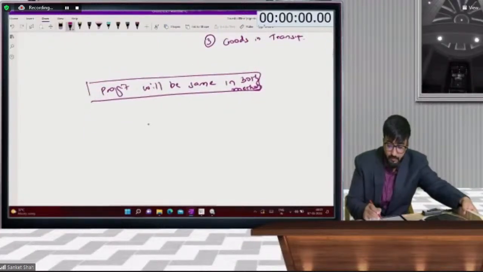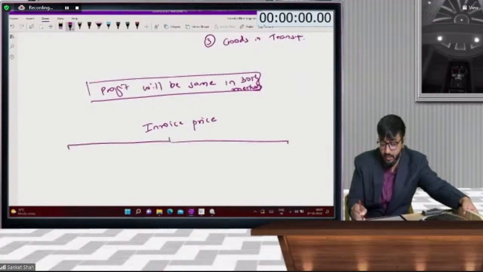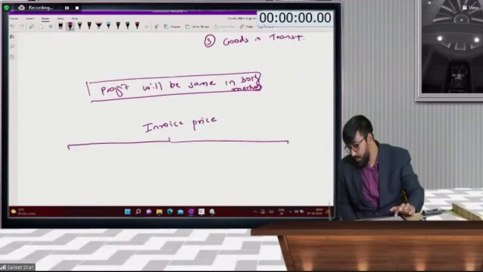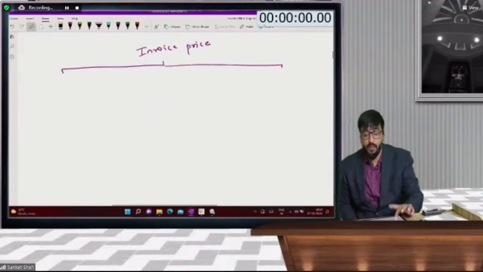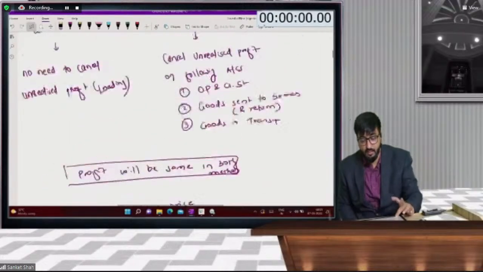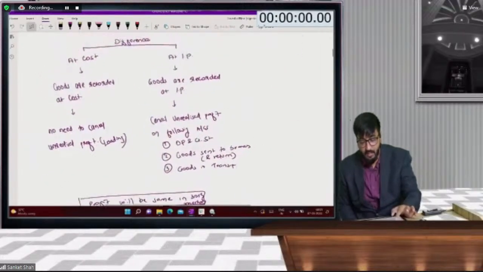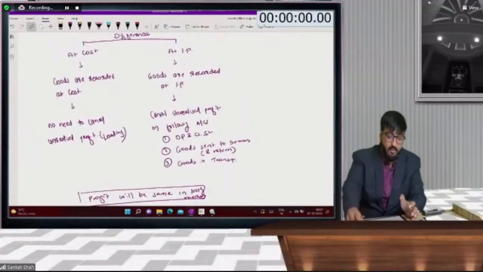Next one, invoice price. Write down chart for invoice price now. In invoice price, we will divide it in two parts. Have you done? Tell me done in the comment section.